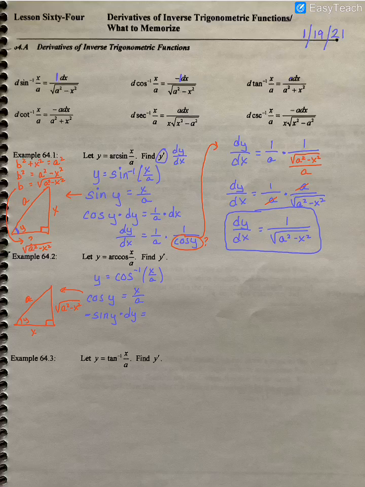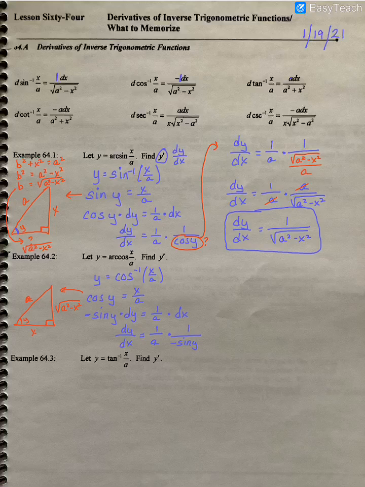So the derivative is 1 over a times dx. Again, I'm trying to solve for dy dx. So keep the dy on the top, divide by dx to the left, keep the 1 over a on the right, and divide by the negative sine y. So we're going to have 1 over negative sine y.